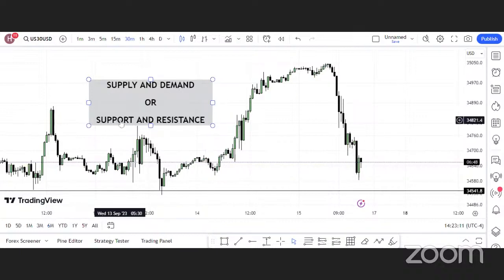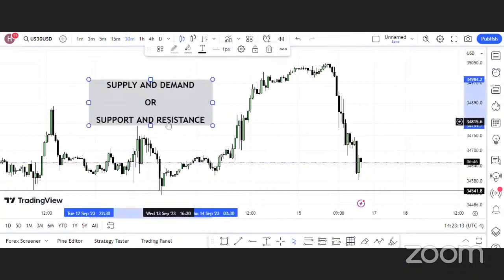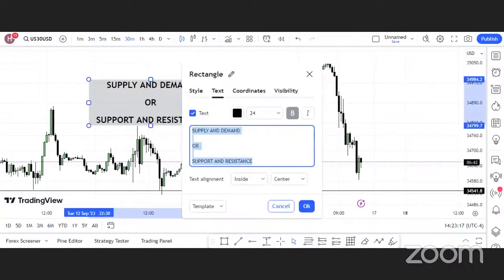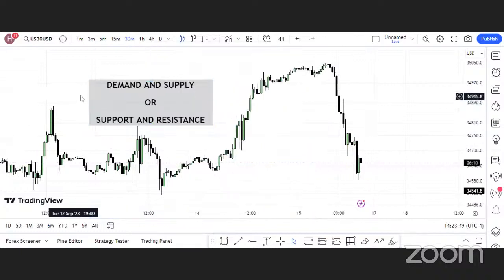Let me rearrange them in the order they should be. So demand also means support and supply also means resistance.